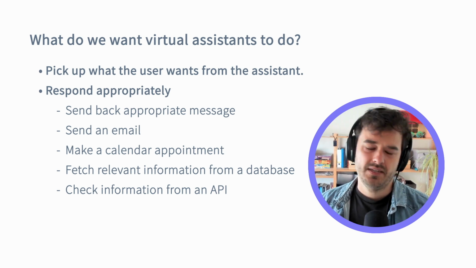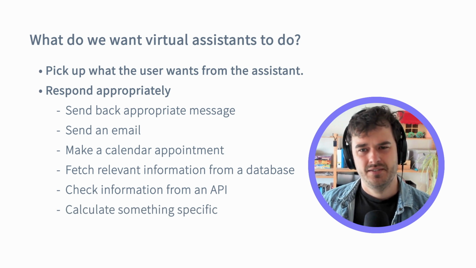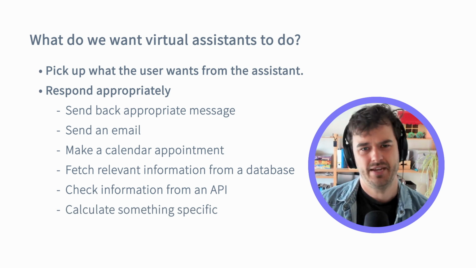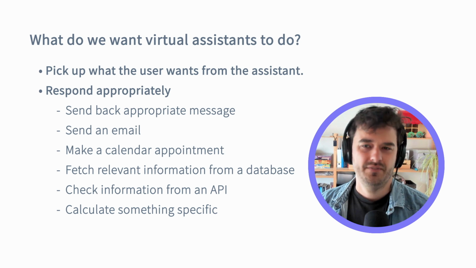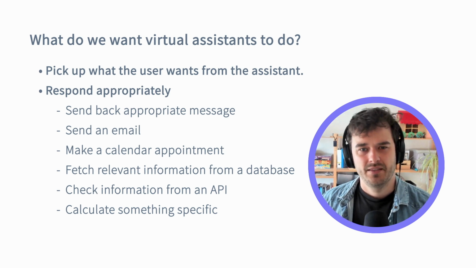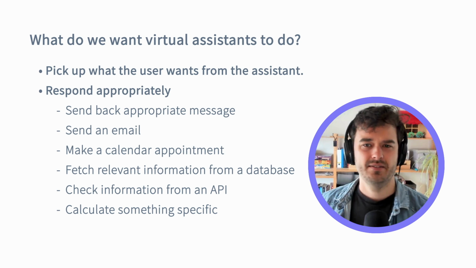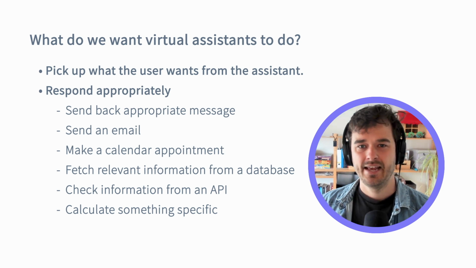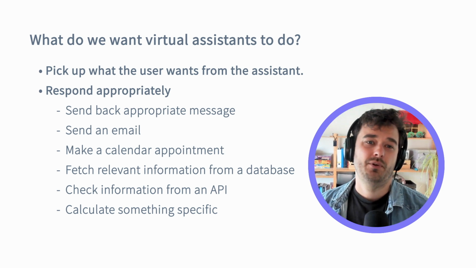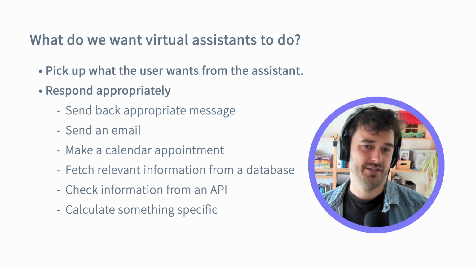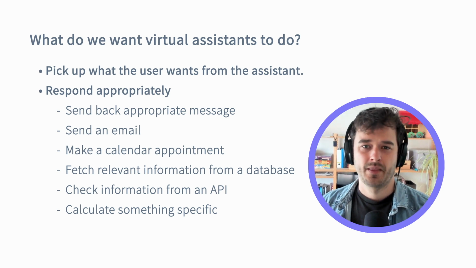And when you think about it, you might also consider that we need to make specific calculations sometimes on behalf of the user. And for all of these scenarios, I hope it's clear that we need more than just static responses. Preferably, we're really looking for a way to write custom code for all of these use cases. And in this video, we will explore how to use Python to handle these situations for us.